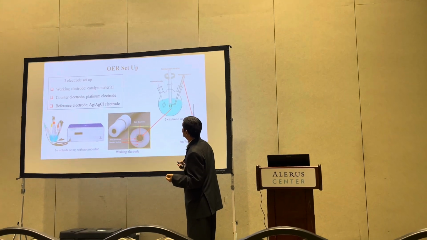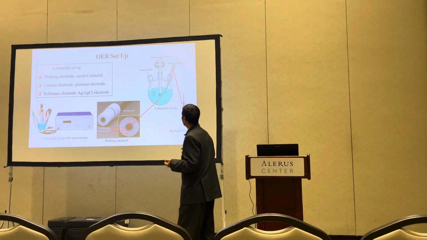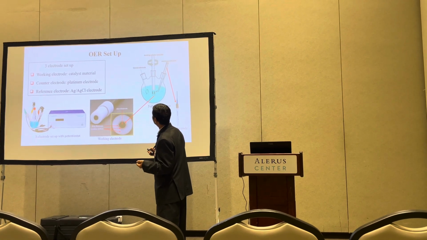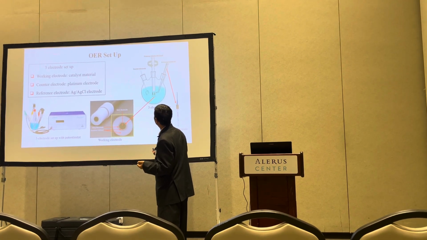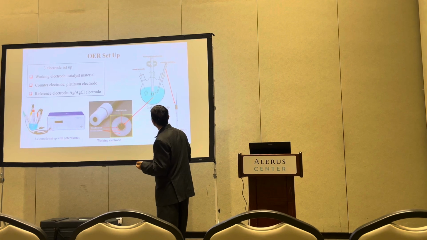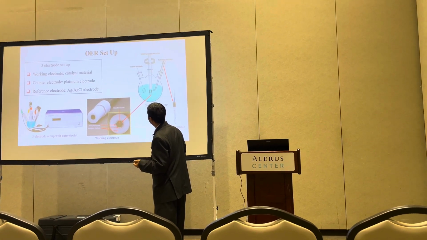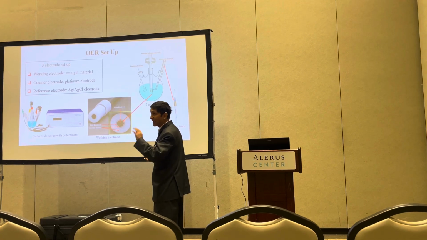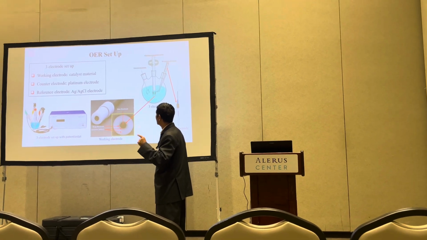3 electrode setup system. Here we can see this is the working electrode, and it is the catalyst material, and this electrode looks like this one. And this is plastic, this is carbon, this is glassy carbon, very shiny carbon, like it shines like a mirror.